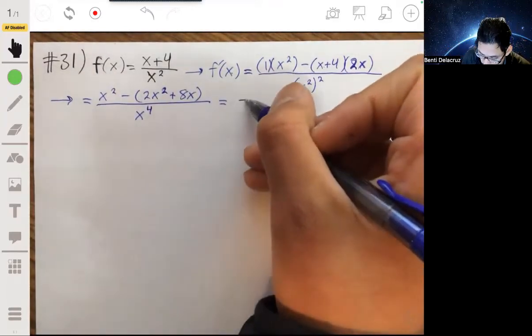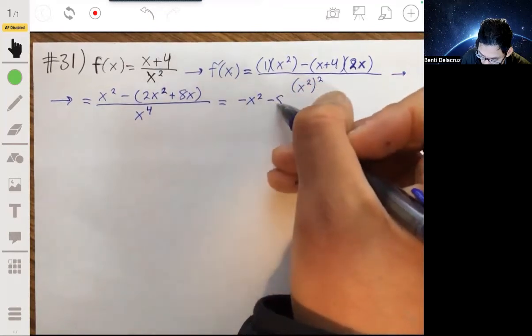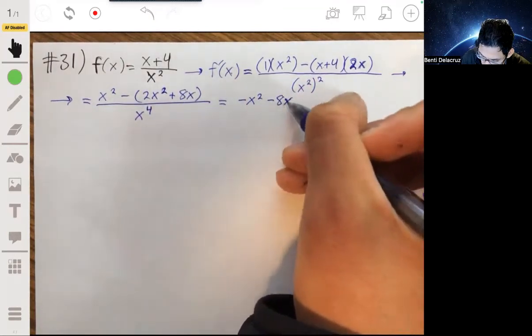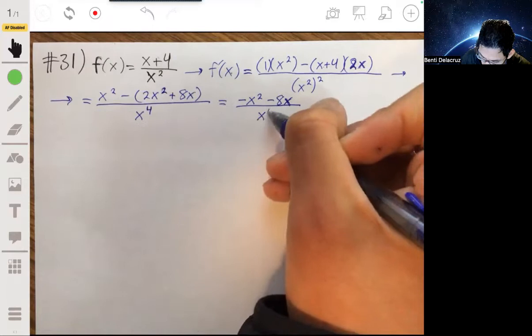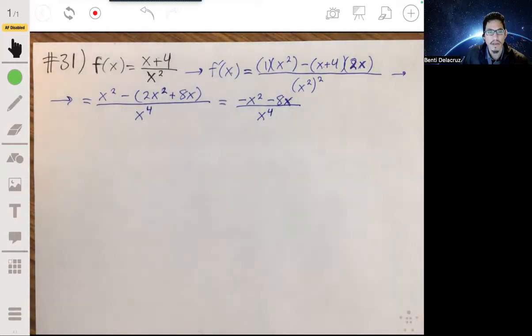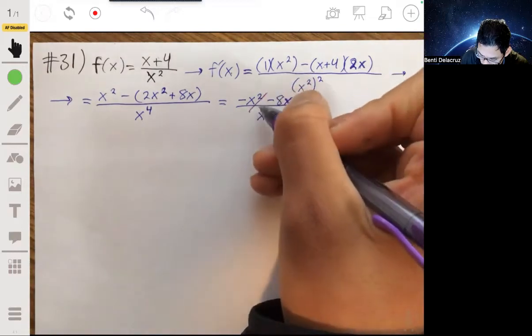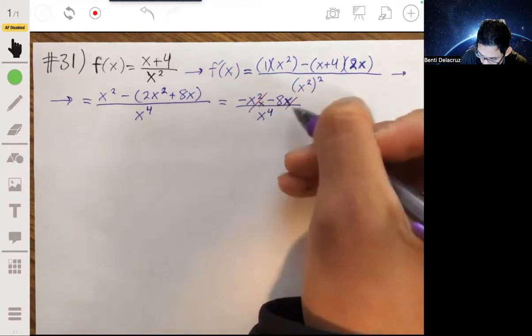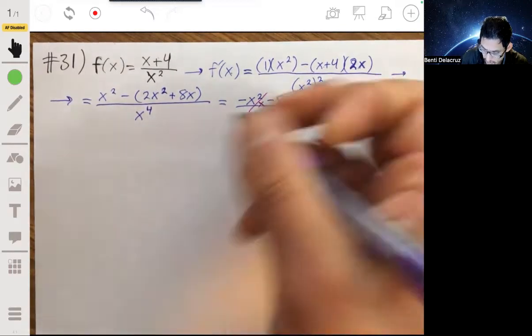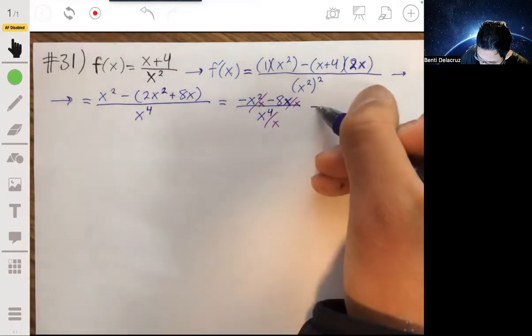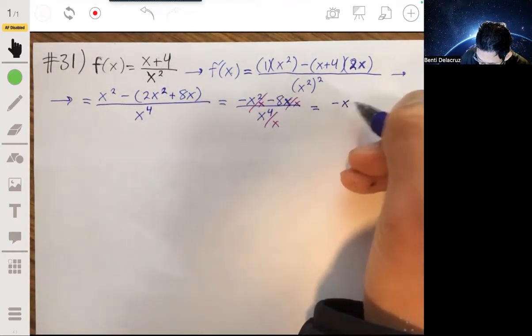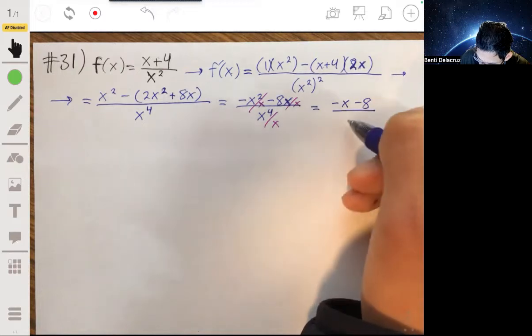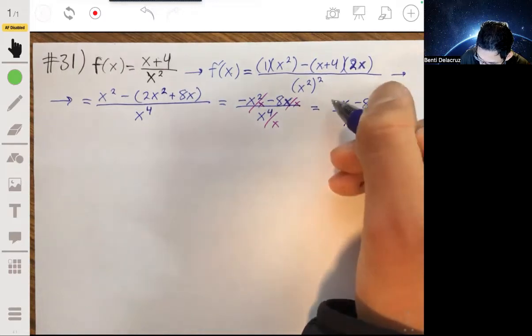Simplifying, we get negative x squared minus 8x over x to the fourth. And you can cancel an x term from each term, we can just look at it as dividing each term by x. And so you just get negative x minus 8 over x cubed.